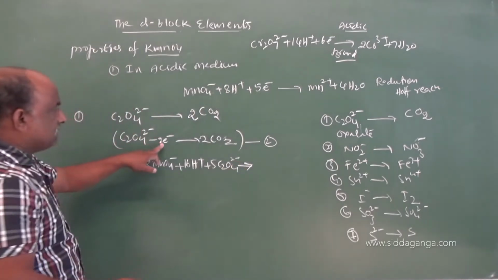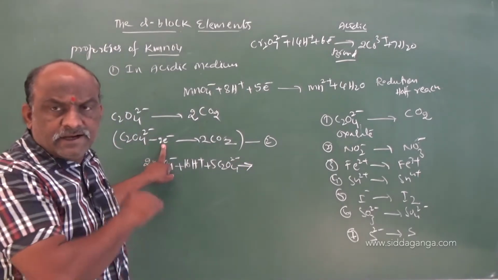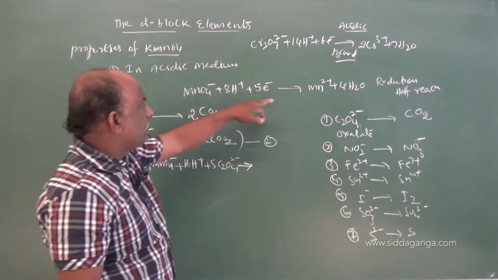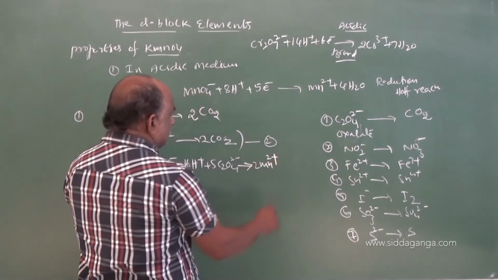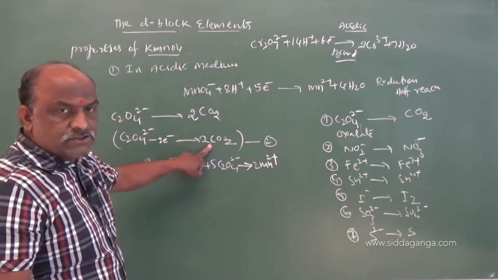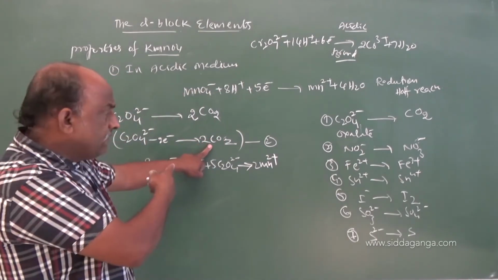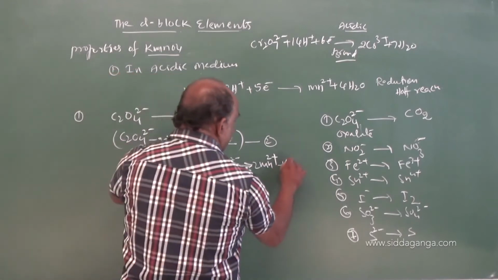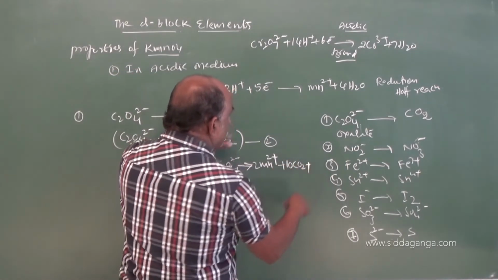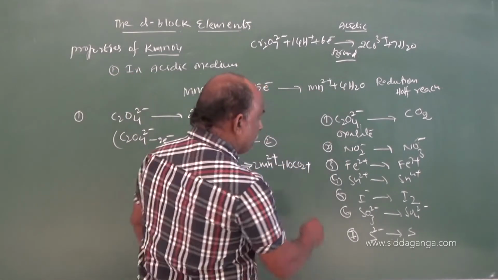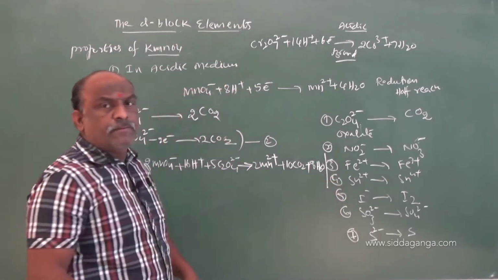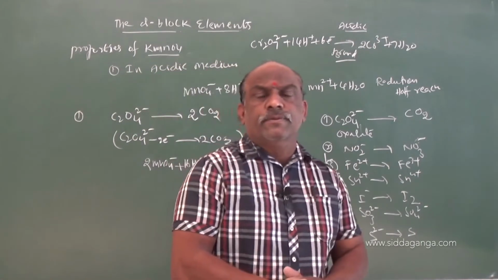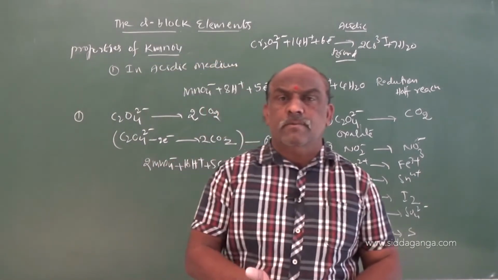On the right side, 2Mn2 plus, and the number of carbon dioxides is 2 multiplied with 5, 10CO2, and 4H2O, 4 into 2, 8H2O. This is the balanced equation with respect to potassium permanganate.